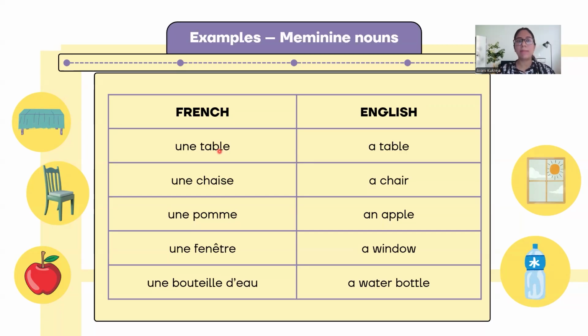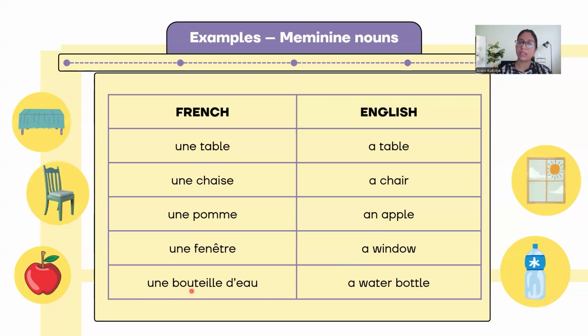Une table. Chair is une chaise. An apple is une pomme. A window in French is une fenêtre.